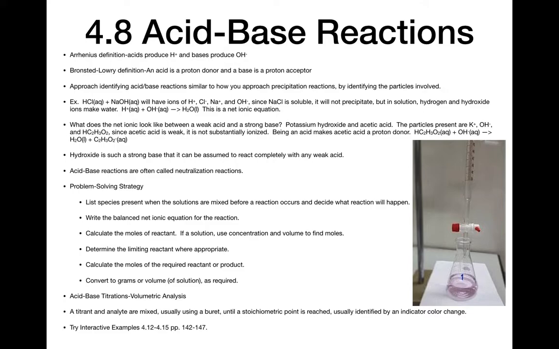You mix a titrant, which is your known solution, with an analyte, which is your unknown solution, using a burette until you reach the stoichiometric point, and you can tell that by the indicator color change. So, some acid-base reaction examples are 412 through 415.